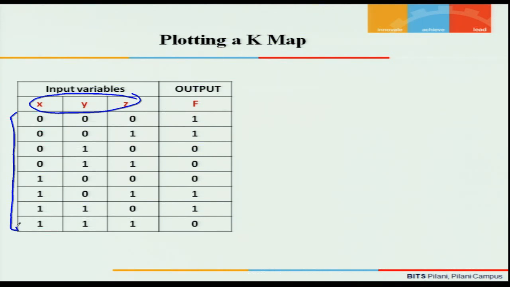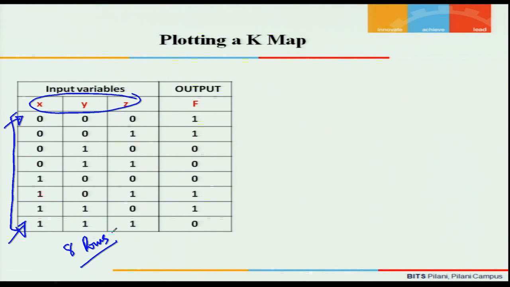So, there are 8 rows in the table representing different values of the input combination. As we mentioned in the previous slide, when we convert this truth table into a K map, each row of a table represents a square in the K map. Since there are 8 rows, the corresponding Karnaugh map will have 8 squares for this particular example.